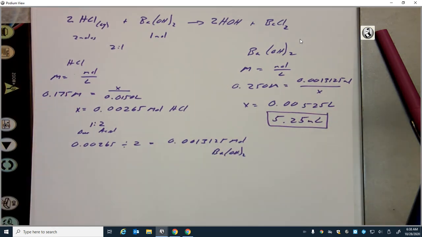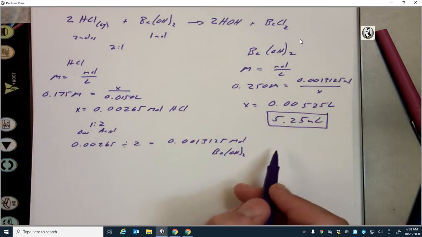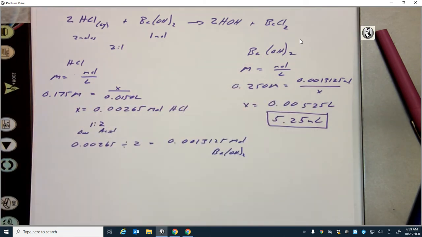So I need 5.25 milliliters, okay, and they would be neutralized. Again, this is called volumetric analysis.